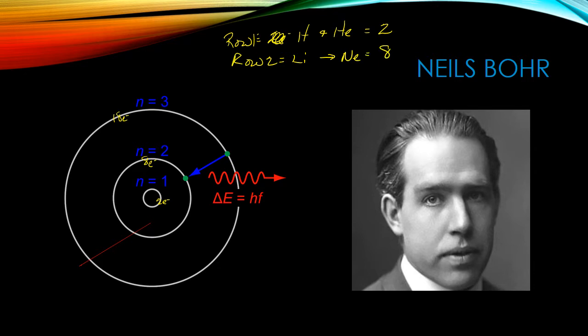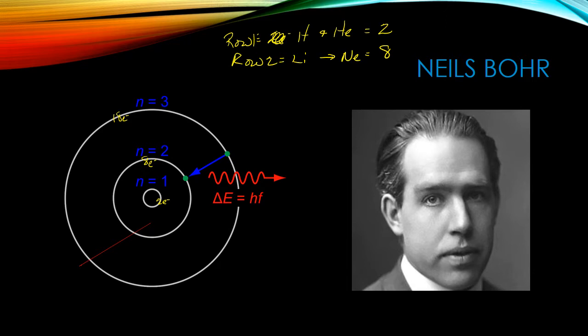And row 3, well, you probably don't believe me right now, but there are 18. So these energy levels that Bohr came up with were brilliant. But how the electrons behave in these energy levels, that part he didn't do such a good job with. But the energy levels, yes, spot on.